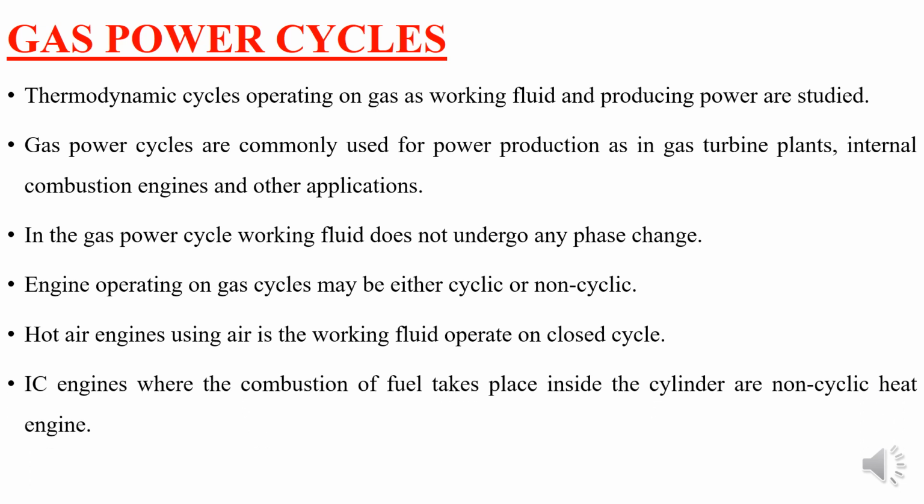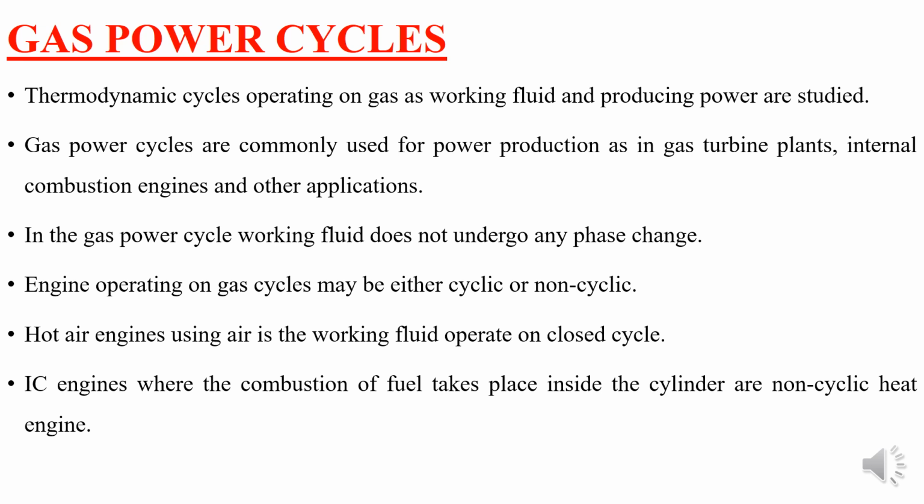In the IC engine, fuel combustion takes place inside the combustion chamber, it transfers the power, then it is sent out to the surroundings. That fluid won't come back to the initial state or be used for the next cycle, hence this is an open type of cycle.